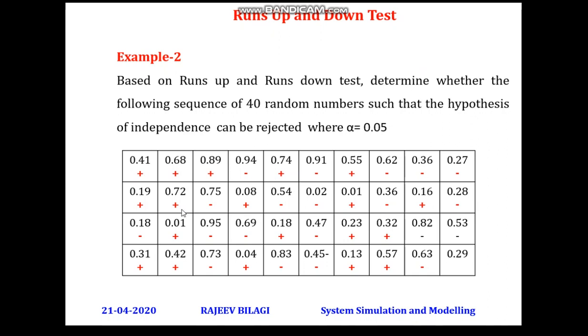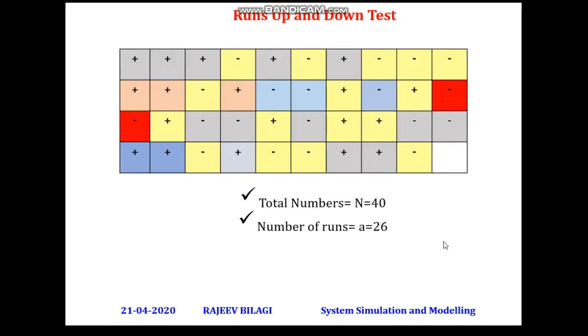Now after you find all the plus and minus signs, you are going to represent plus, plus, plus, minus, plus, plus. Okay, like this. Now you need to find the number of runs. So these 3 plus in the same sequence are run 1.